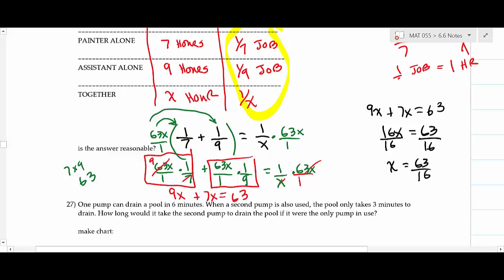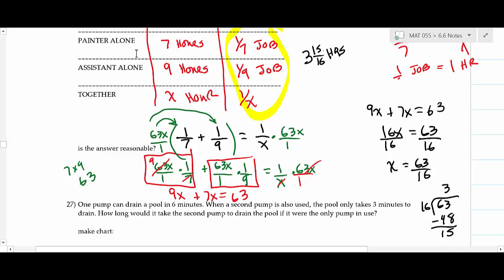Now you can do one of two things. You want to be able to use a decimal or a mixed number. If you do a mixed number, you have to do a long division problem. 16 goes into 63 3 times. 3 times 16 is 48, and if you subtract that, I think you would have a remainder of 15. So that means the answer is 3 and 15/16 hours.